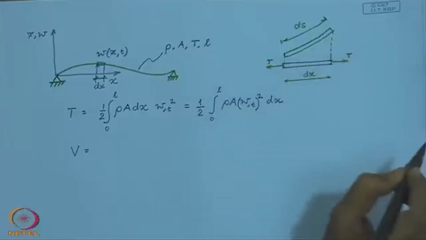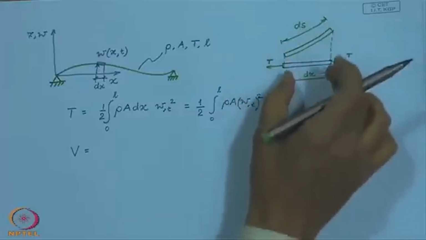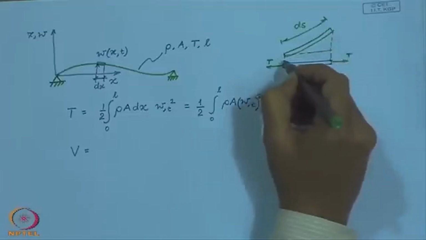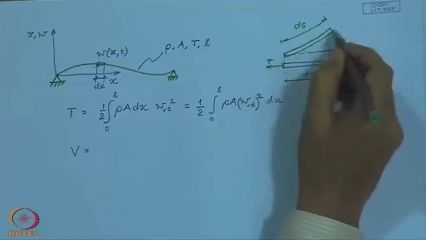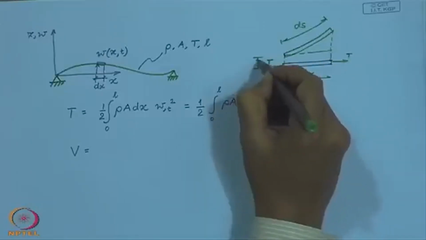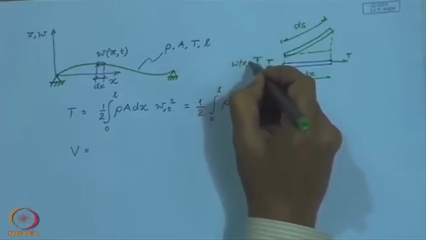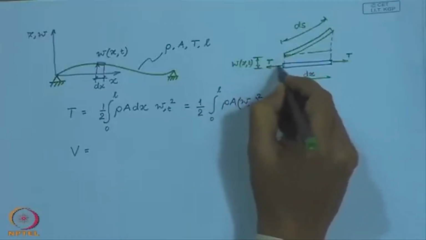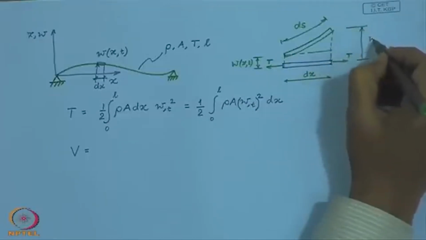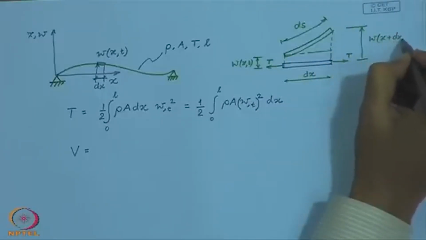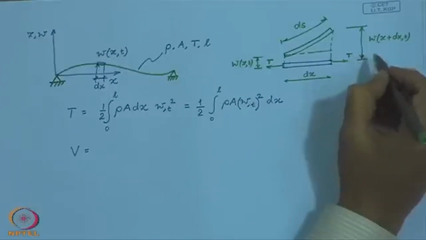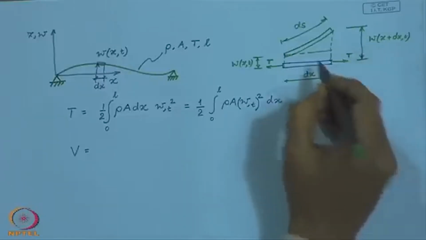There is no actual force on the string. So, what is this deformed length of the string? So, this is the transverse displacement at x, and this whole thing is w x plus dx at time t.